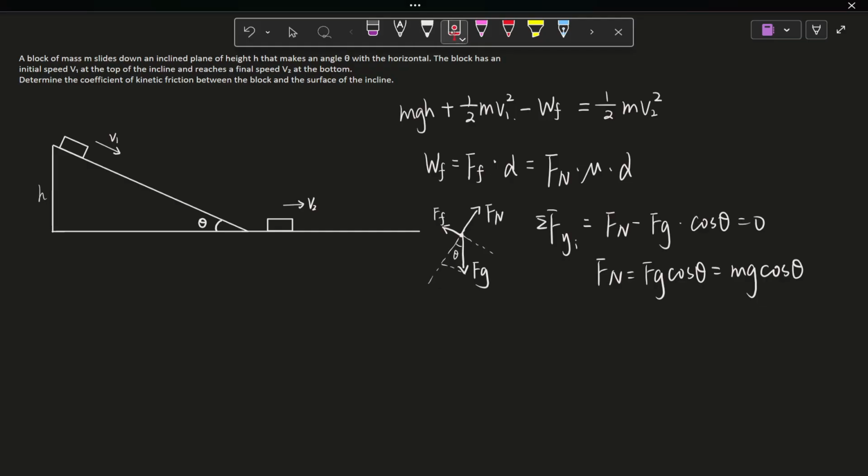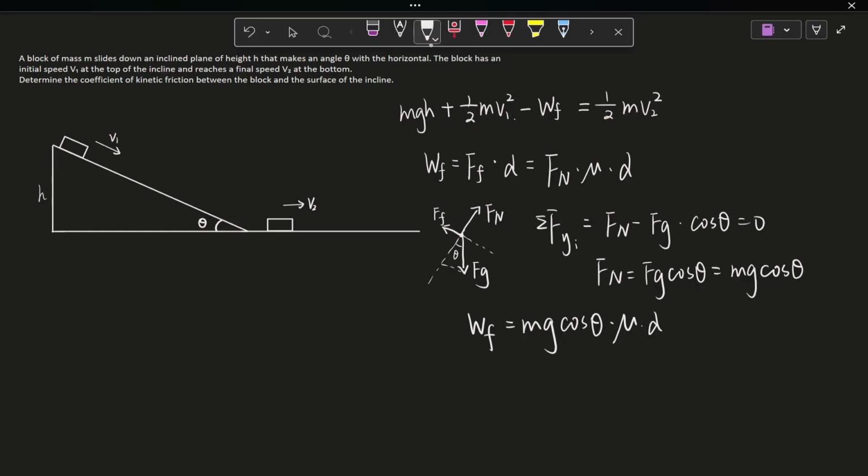So now let's plug mg cosine theta back into the original function, so the work done by the friction is equal to mg cosine theta times mu times d. Before we plug it back in, we should simplify it to the version that we love to see.